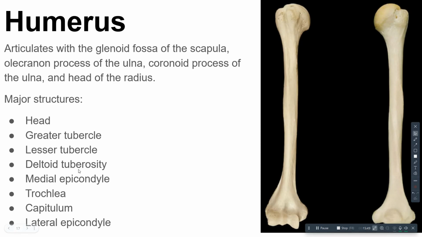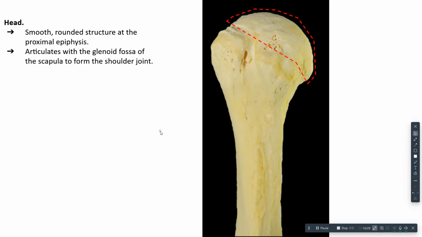Remember, anytime you see tuber, it's a bump of some sort, like tuberosity, tubercle, or protuberance, like we saw in the occipital bone. We're going to see some epicondyles. We're going to see a trochlea and a capitulum as well. So hey, let's get to work.